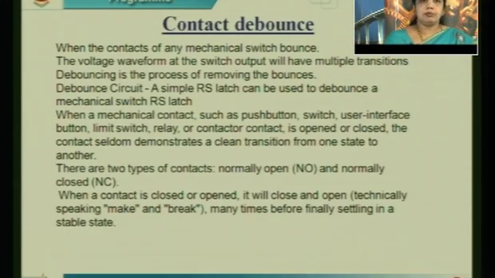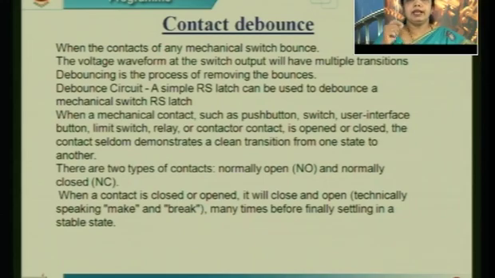So there is a concept called contact debounce in the case of mechanical switches. Whenever I press a key, the switch bounces multiple times in order to come back into normal position. When a contact is closed or opened, we call it make or break.